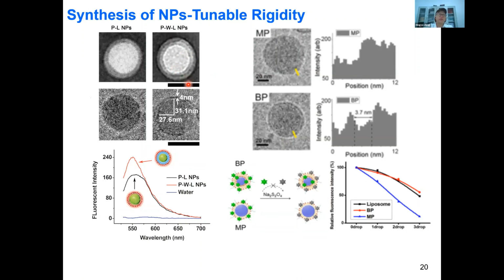And we use a very large number of techniques to characterize and really see that there is a layer of water between the core and the shell. So we use TEM, we use fluorescence quenching. I won't go into the details, but you just have to believe me that this has water.